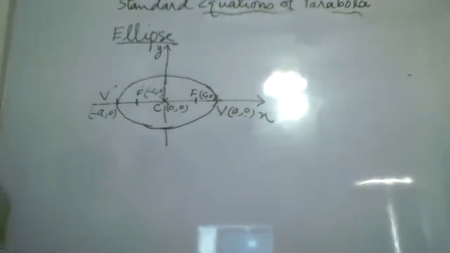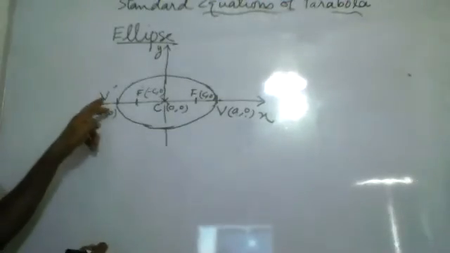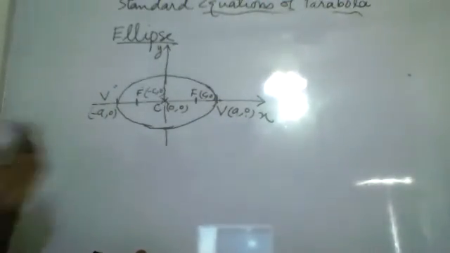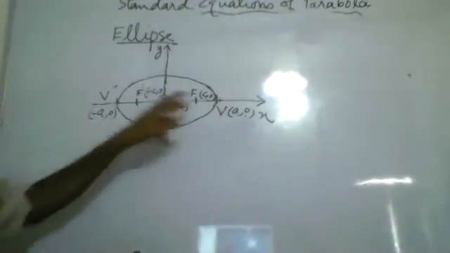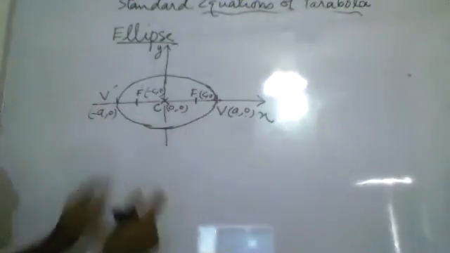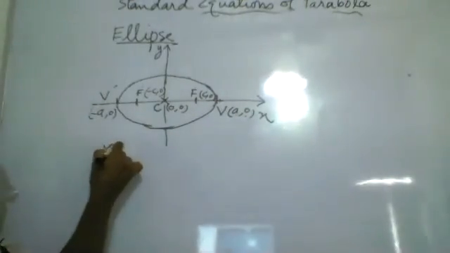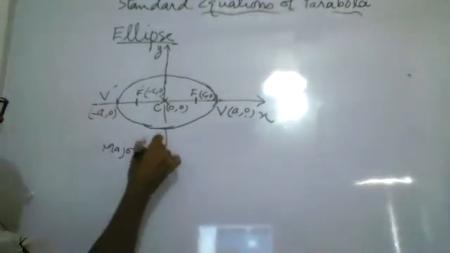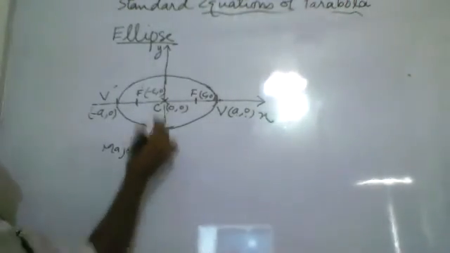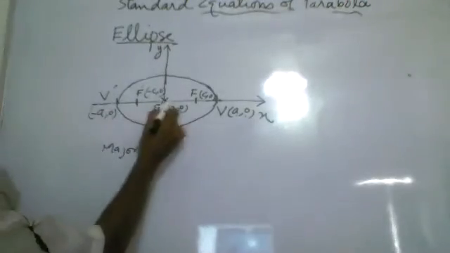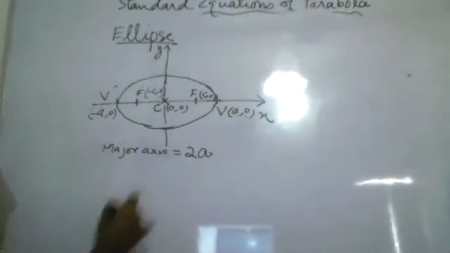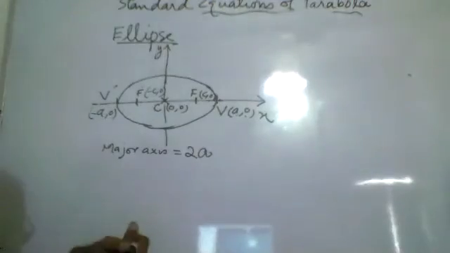From one vertex to the other vertex is called the major axis. यहाँ से यहाँ तक का distance, so that will be equal to 2a. Major axis is equal to 2a.